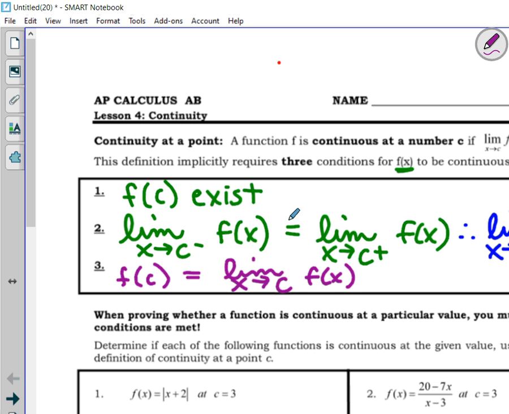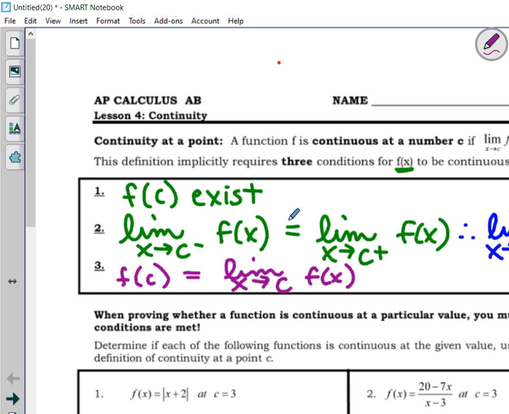And you're saying, well, what's different in this lesson? We already talked about this. You're right. We talked about it conceptually. We talked about what we would have to see. We talked about a lot of discontinuity. Now we're going to talk about being really, really particular about proving continuity by showing the evidence through these steps.